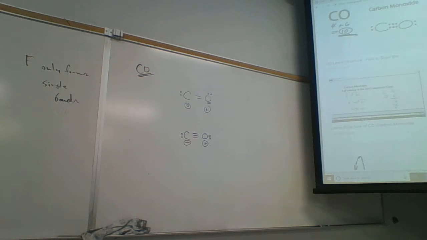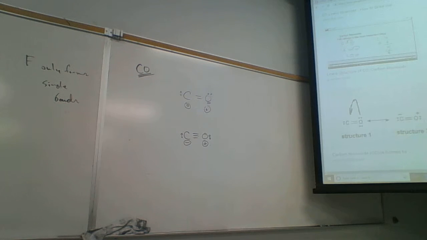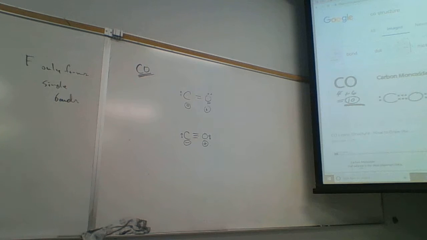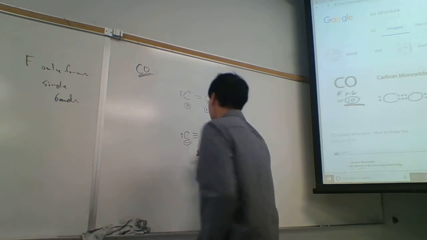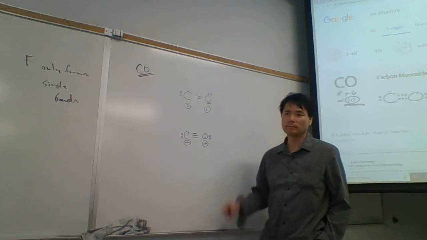What do you see for carbon monoxide? Triple bond. The triple bond. Carbon monoxide is this, you wouldn't expect it because this means that oxygen has to give up an electron to carbon.